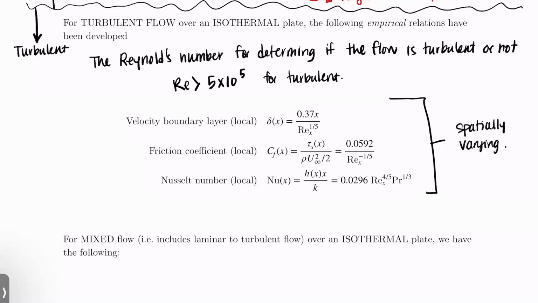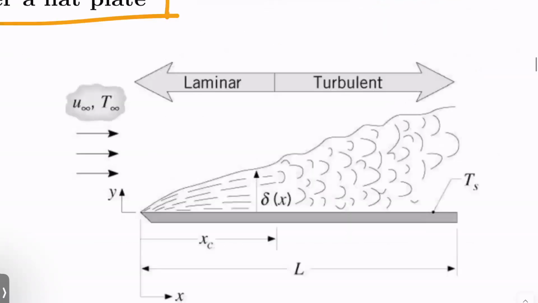Right, we classify it in a binary way, even though there are three zones. Typically, this 5 times 10 to the 5th is going to capture the transition. Okay, that's an excellent question, thank you for asking.